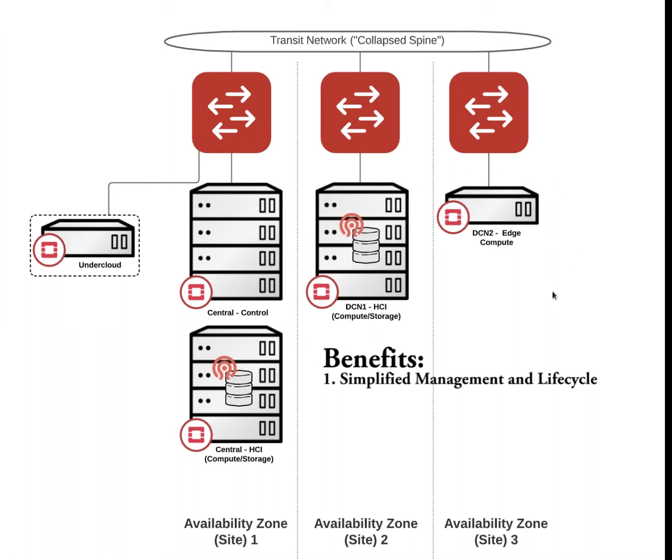And then maybe I have a single node at the edge that is also being deployed and managed in its life cycle ultimately by the undercloud and the control plane here. And with this multi-stack architecture, one of the benefits is we can also, for example, upgrade each of these stacks individually and without affecting each other.